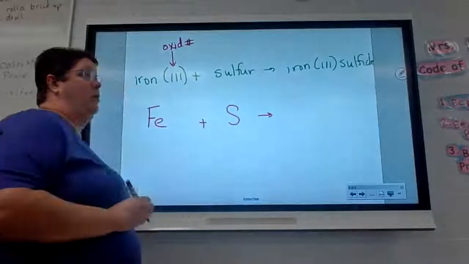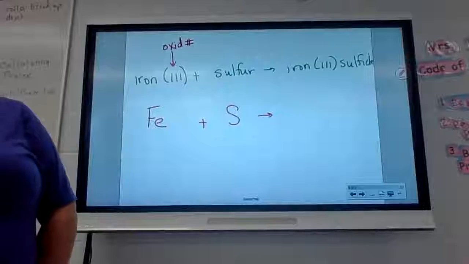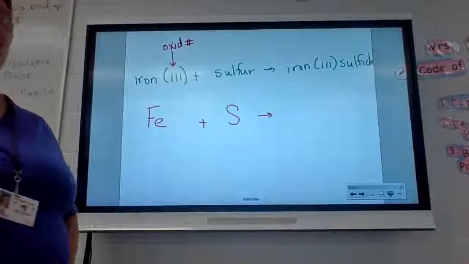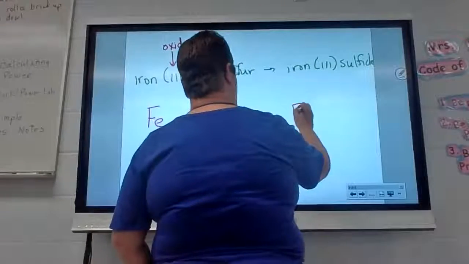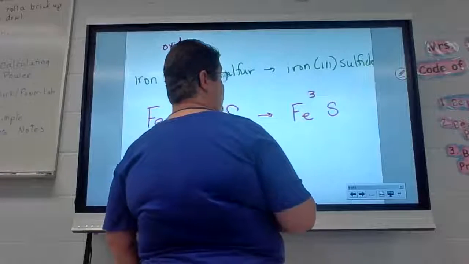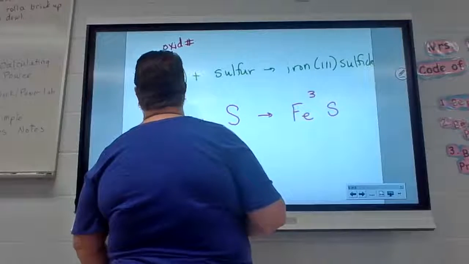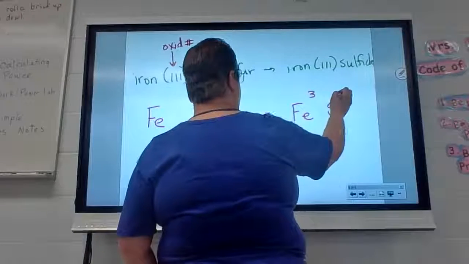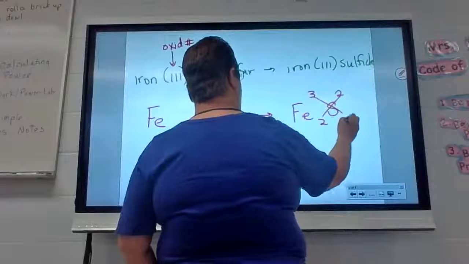Yields. What do you know about iron 3 sulfide? It's a compound. So what are we going to do? We're going to crisscross. Correct. So Fe has what at the top? A 3. Sulfide has what for an oxidation number? 2. So we're going to bring a 2 down and a 3 down.